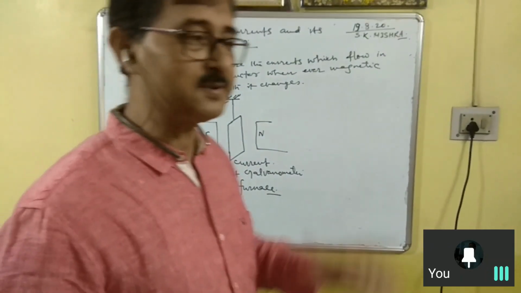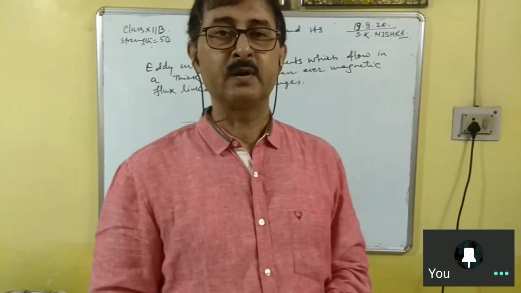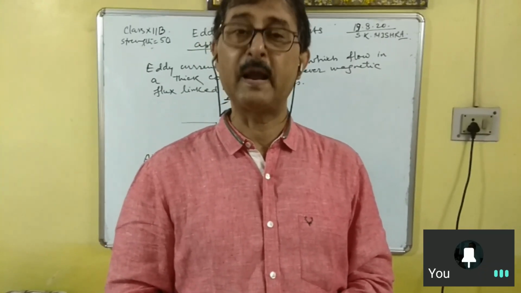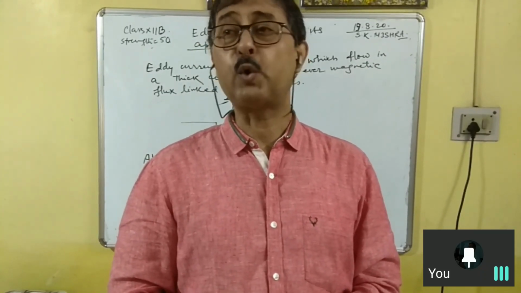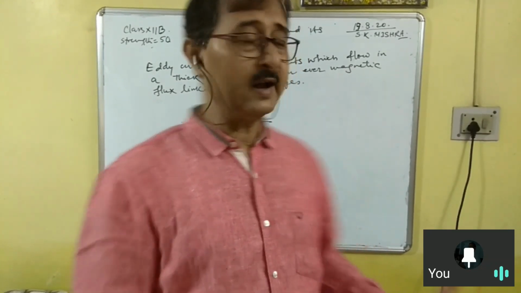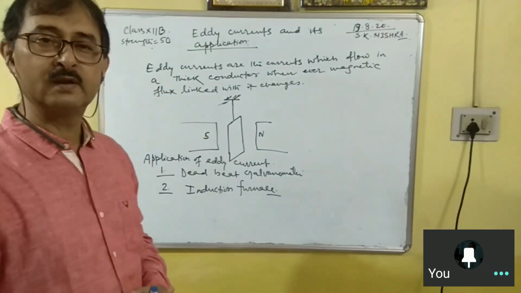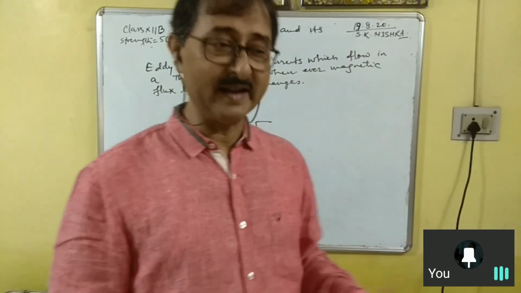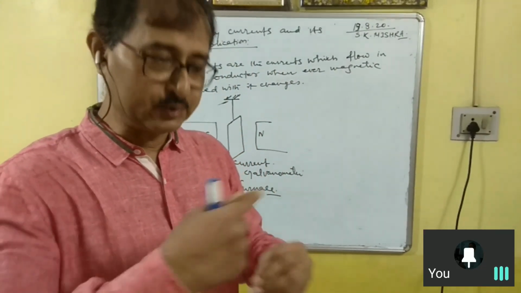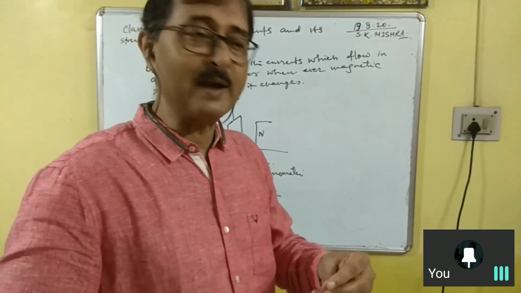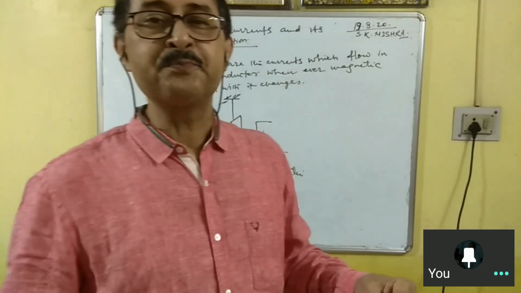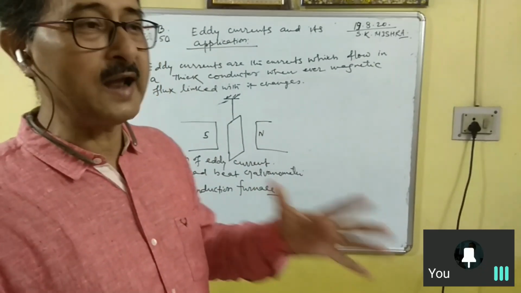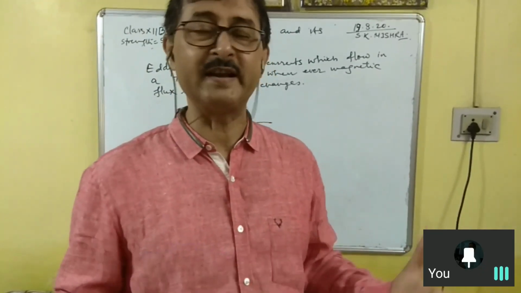You might have studied the blast furnace in the extraction of metals like iron, but there coal is burnt. Here there is no need to burn coal. Apply a varying current through the coil, so that it produces a varying magnetic field, and the magnetic flux linked with the thick metallic log will also change.